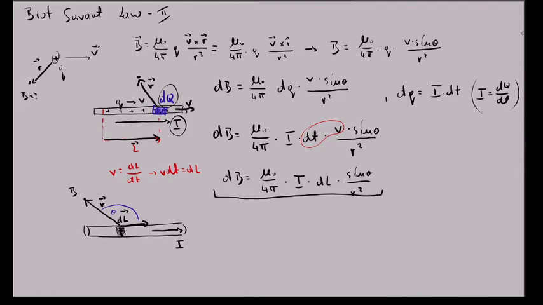Now that means you can rewrite this in a vector form, so that dB equals mu naught over 4 pi times I times dl, the vector, cross r hat over r squared.